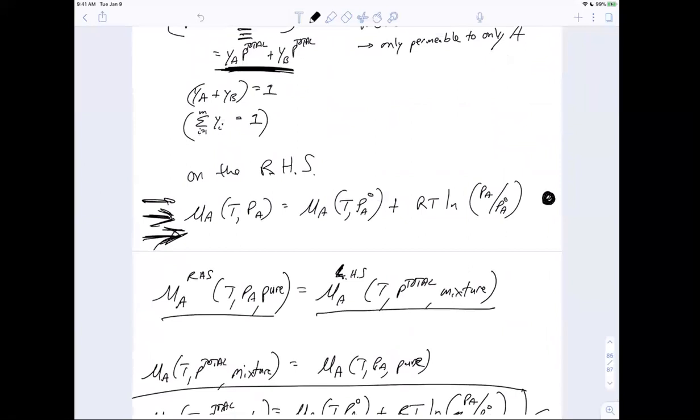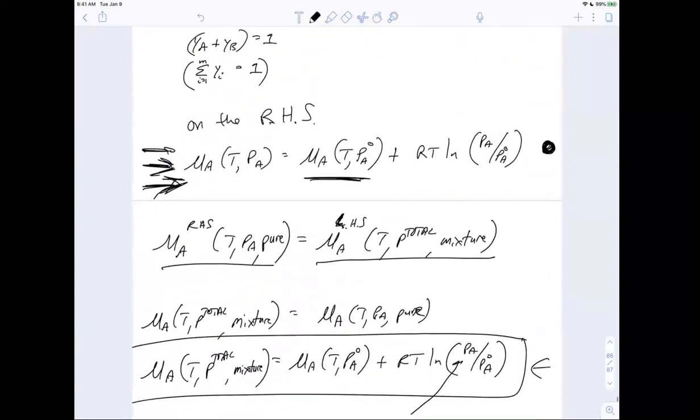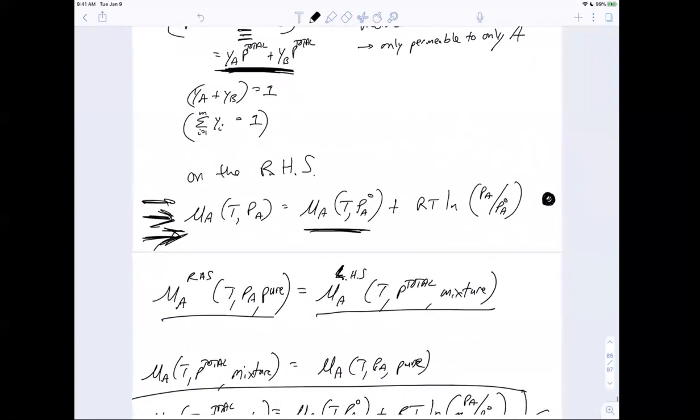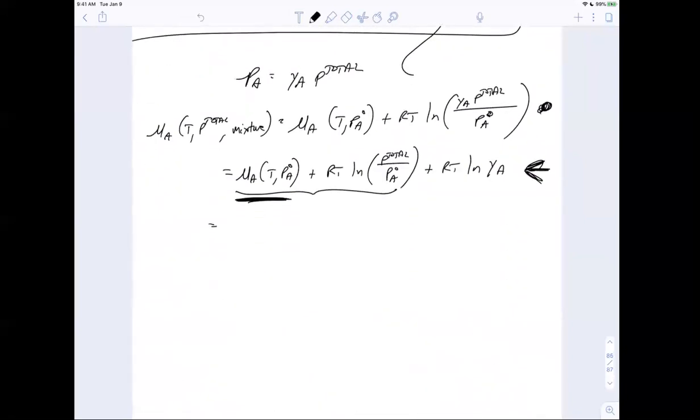It's the same thing. Mu A starts at T and P_A superscript 0, and now it ends up not at P sub A, but at P total.